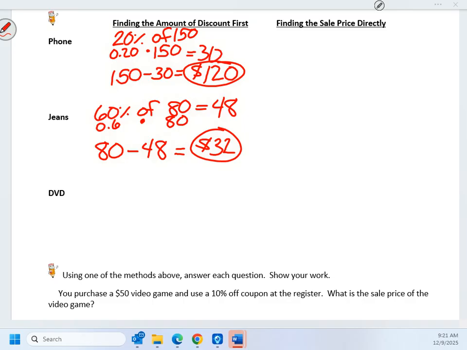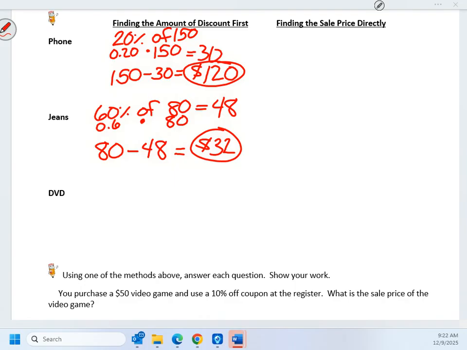Now, our last one is a $20 DVD goes on sale for 40% off. What's my first step? Using this method, what should I write out? Rhoda? There is $20, but what do I start with? 40%.